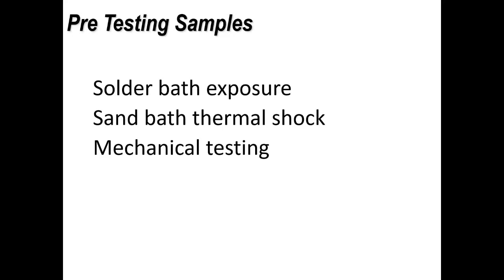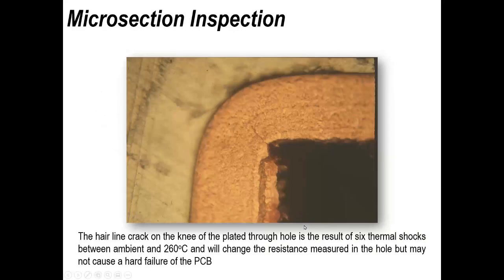And what you don't want to see is copper separation, copper separation from laminate. So you're doing this mechanically or thermally to try and show up variations in the quality of the product that you're testing. Again, this is all defined within the IPC standards or defined by you as a customer.